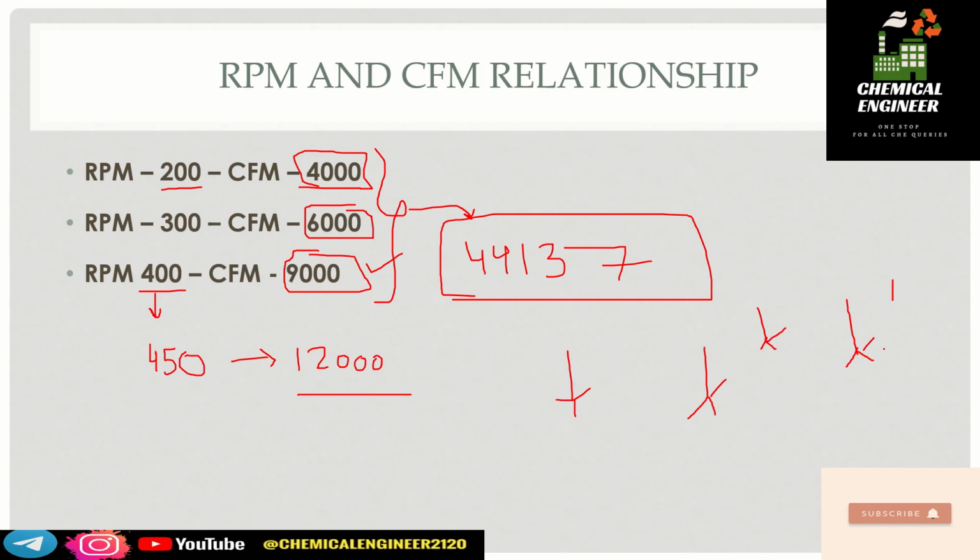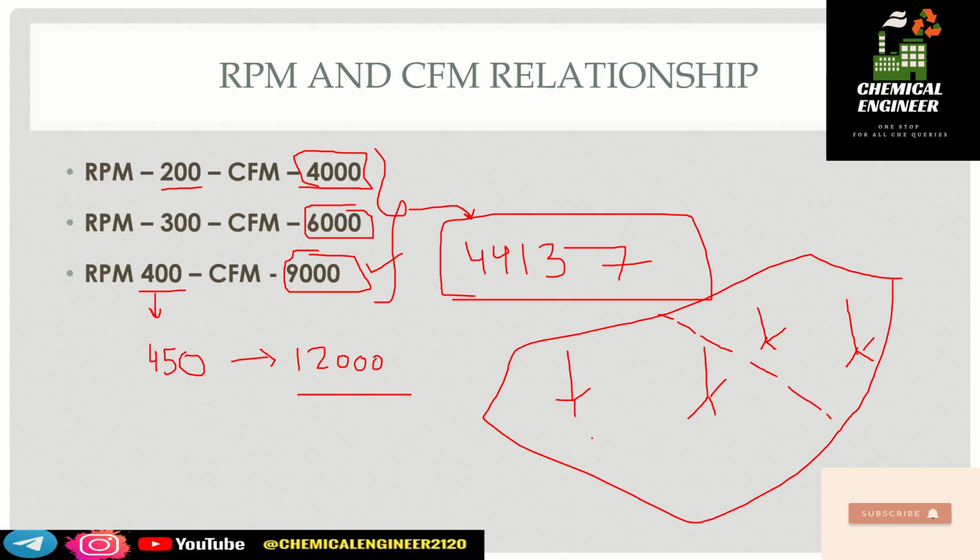So four fans can be placed in this room of 5 meter by 5 meter, and the height is 5 meter. So four fans can be placed at four different locations. If we divide that volume of 125 cubic meter into four parts, it will yield around 30 cubic meter.